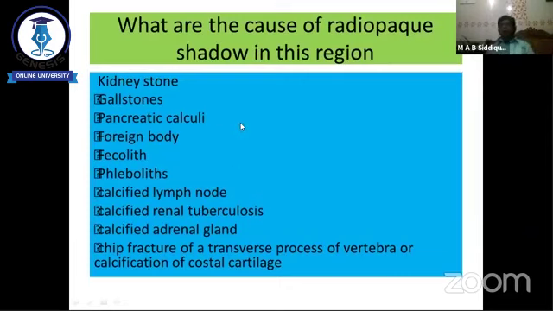The question may not be directly what is your diagnosis, maybe what is your differential diagnosis. Name three or four or five differential diagnoses of the radiopaque shadow in this region. You mention kidney stone, gallstone, pancreatic stone, or foreign body. Any three to five you mention in your OSPE, you will get full marks.